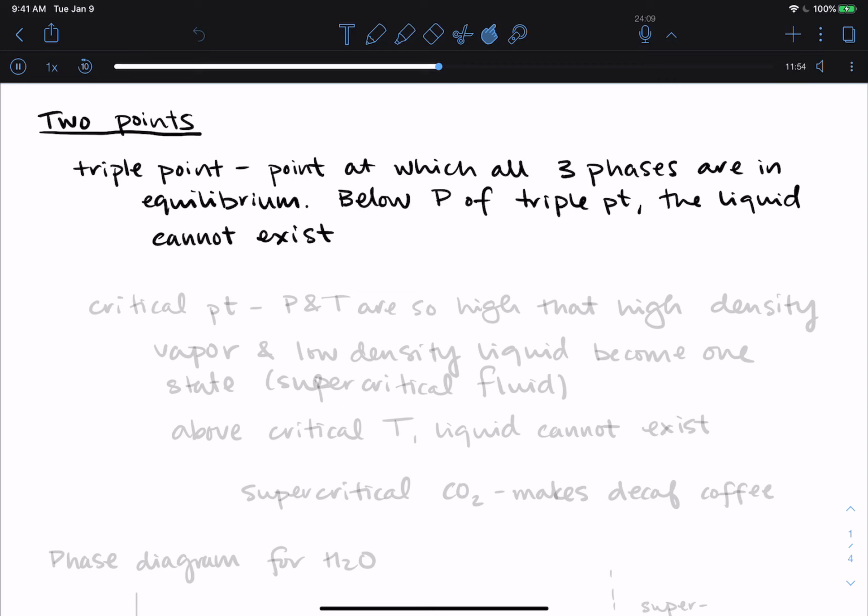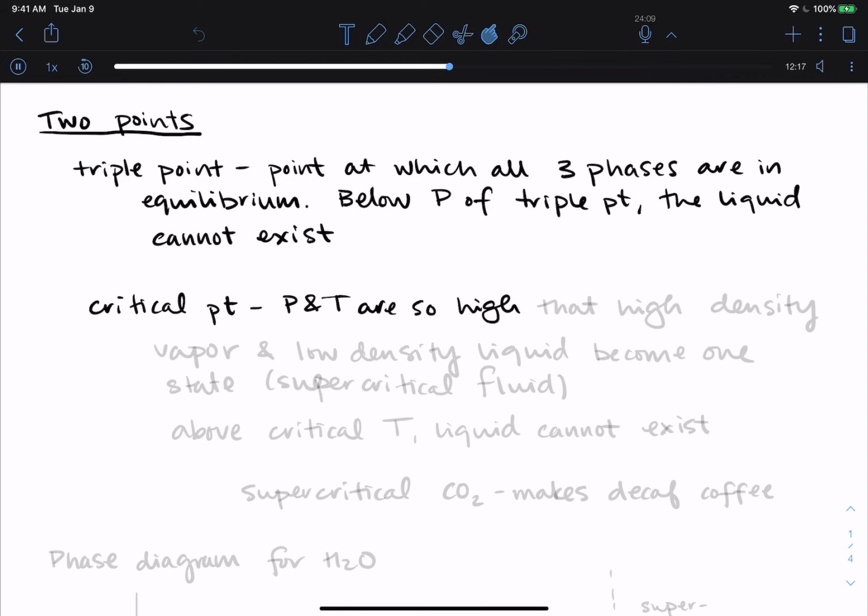The other point that you will see is something called the critical point. At the critical point, the pressure and temperature are so high that we actually get a new phase. So we won't have a solid or a liquid or a gas.